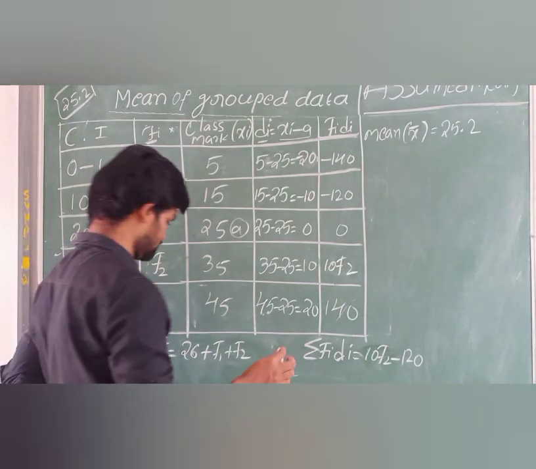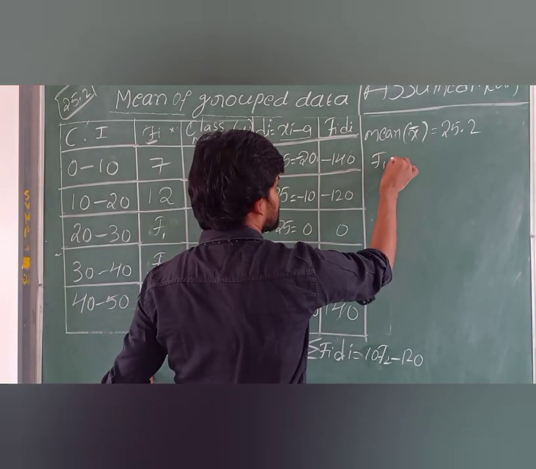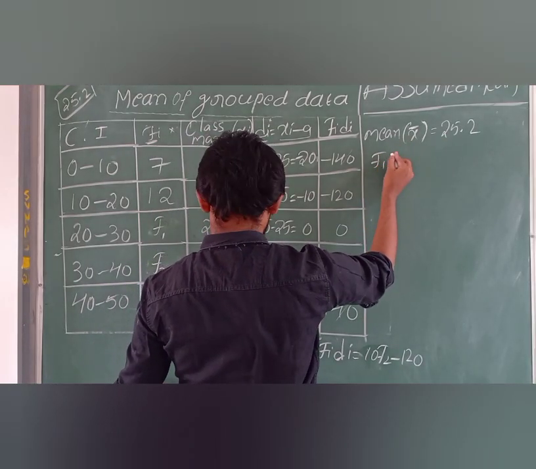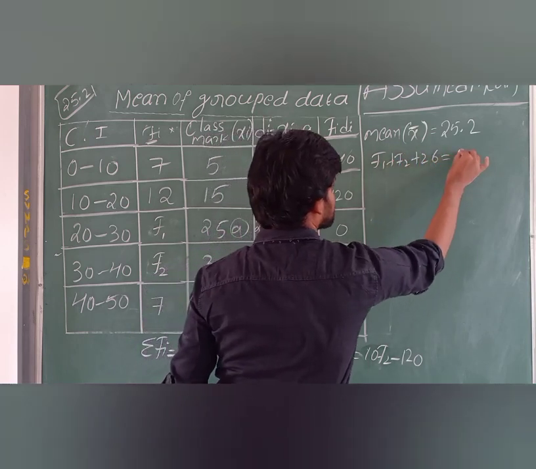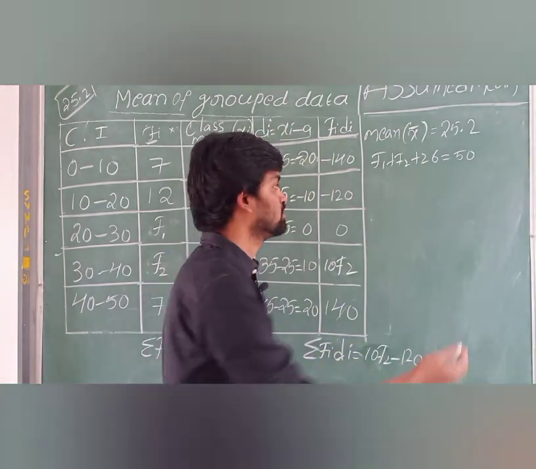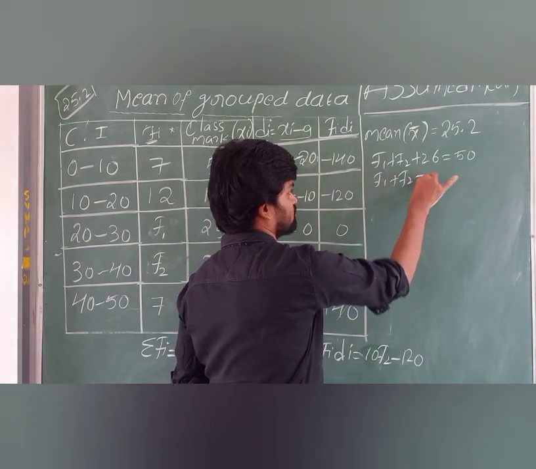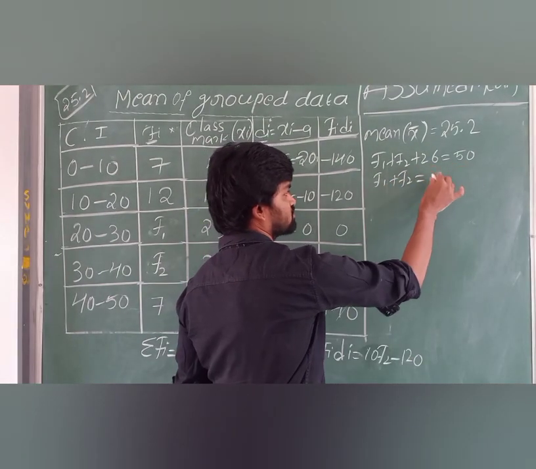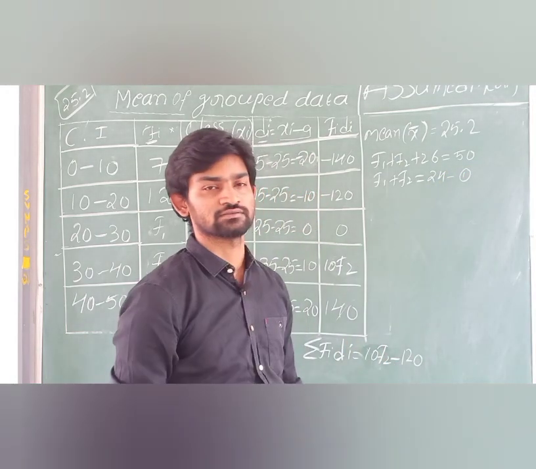It is 50. f1 plus f2 plus 26 is 50 because it is already given in the data. Send 26 to the other side, transpose. So f1 plus f2 is 50 minus 26, which is 24. Take it as equation 1.